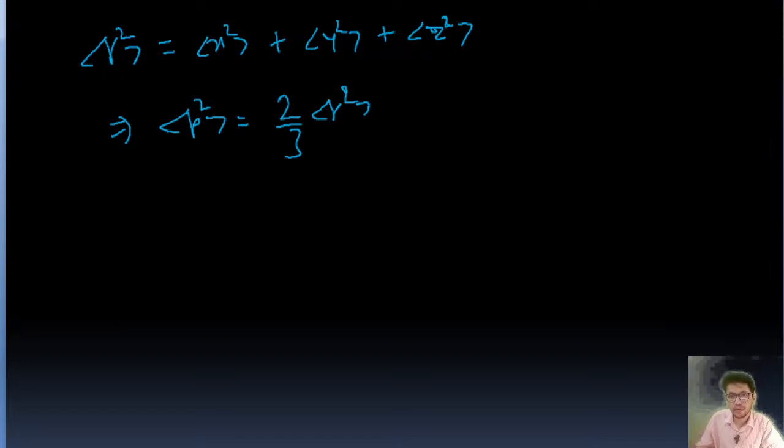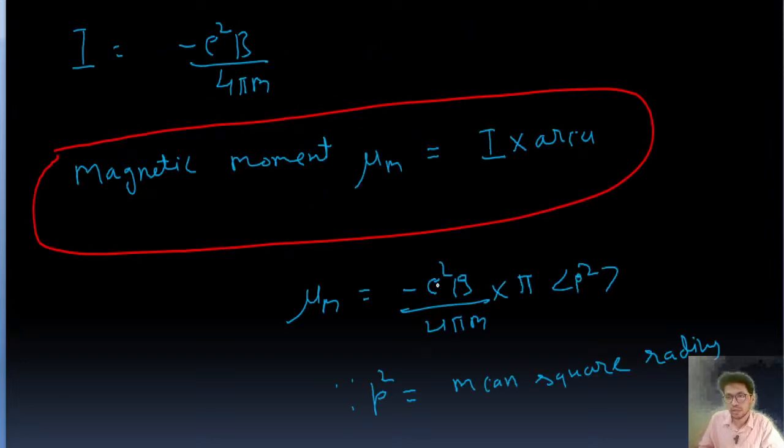And so from here the magnetic moment mu m is going to be minus z e square b, this is for hydrogen atom.